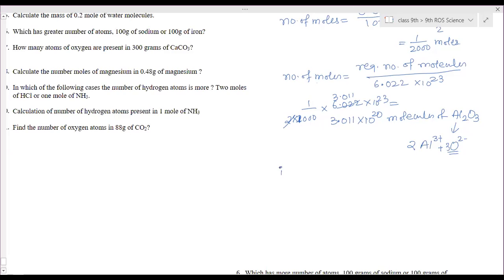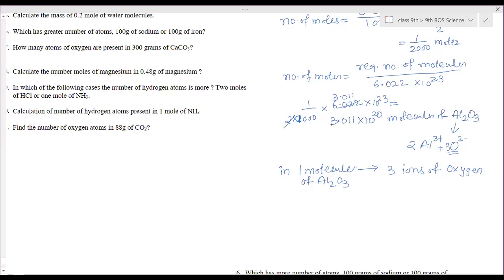So in one molecule of aluminium oxide, how many oxygen ions are present? 3 ions of oxygen.